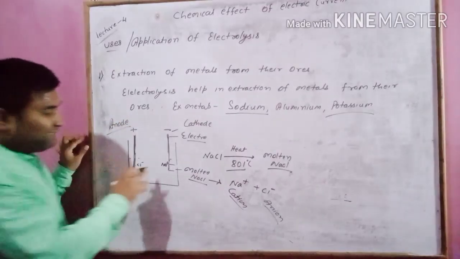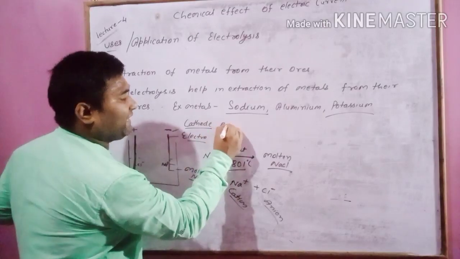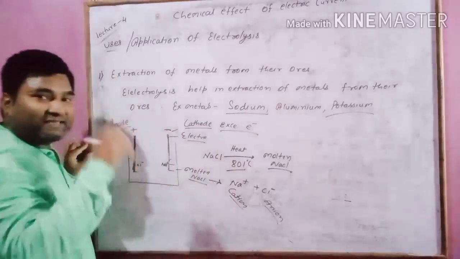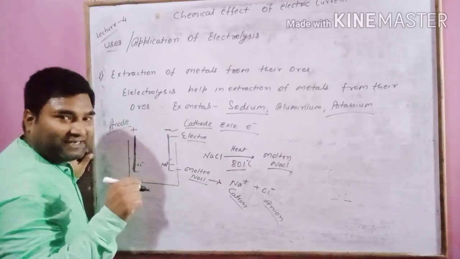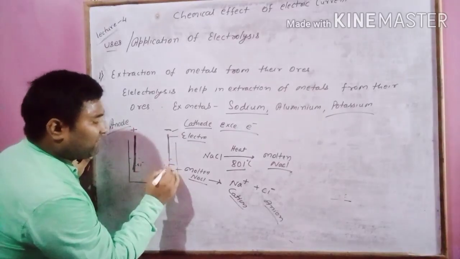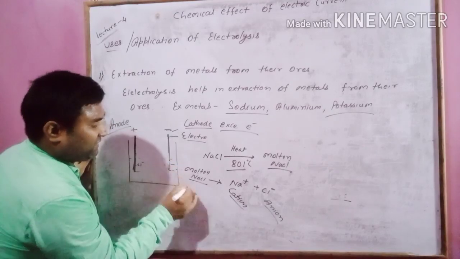Now this sodium, since it is the cathode, means negatively charged, means excess electrons are there. Sodium has a positive charge, means it lacks an electron, so it will take one electron and get converted into sodium metal and get deposited here.